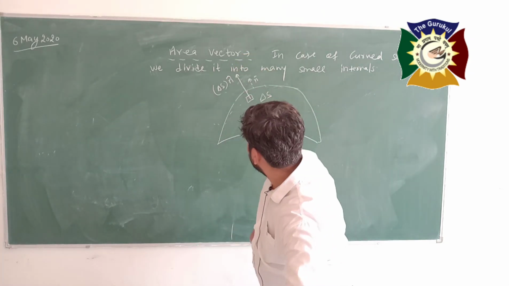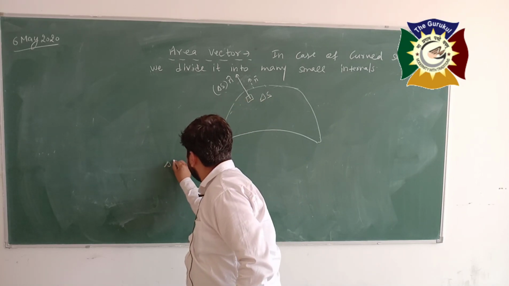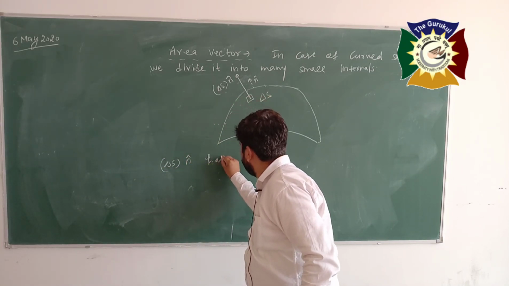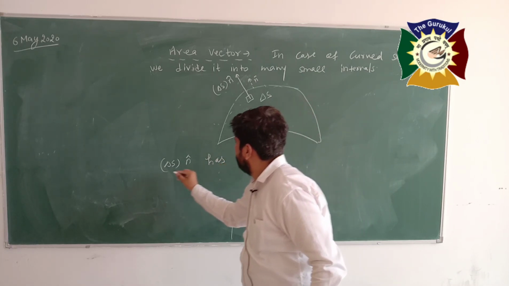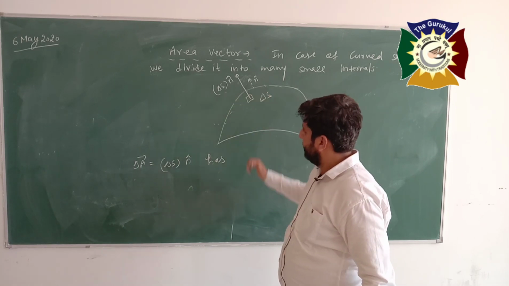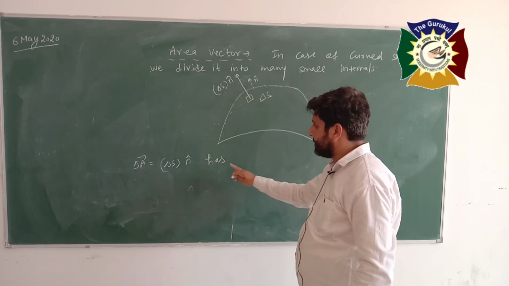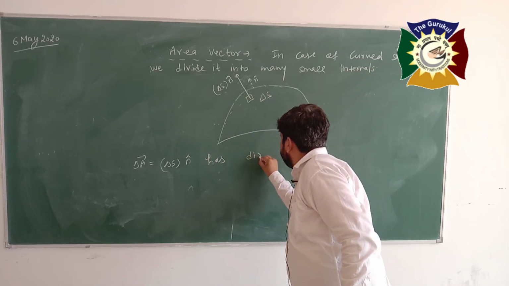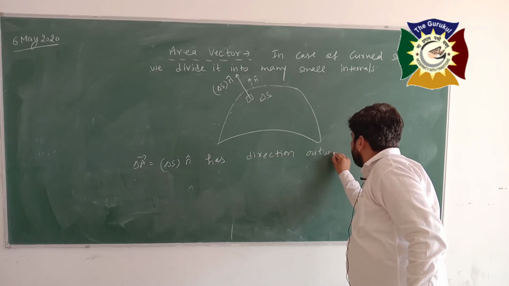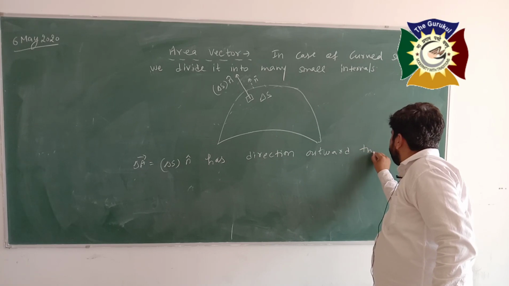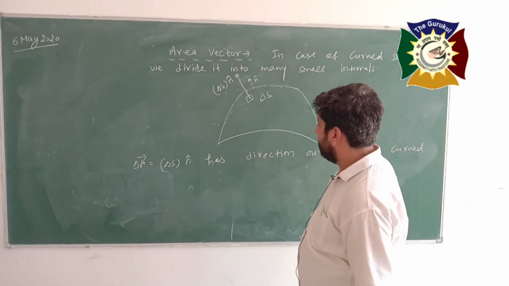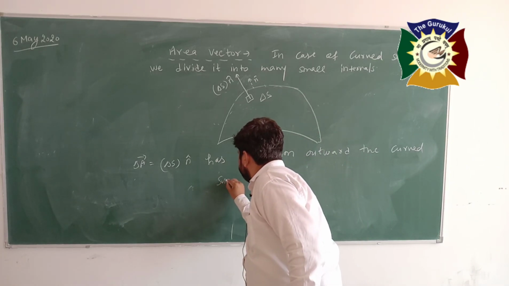So you have to write here: delta S n cap has direction, and you can write it as delta A vector, the small area vector, is equal to delta S n cap, which has direction outward from the curved surface.